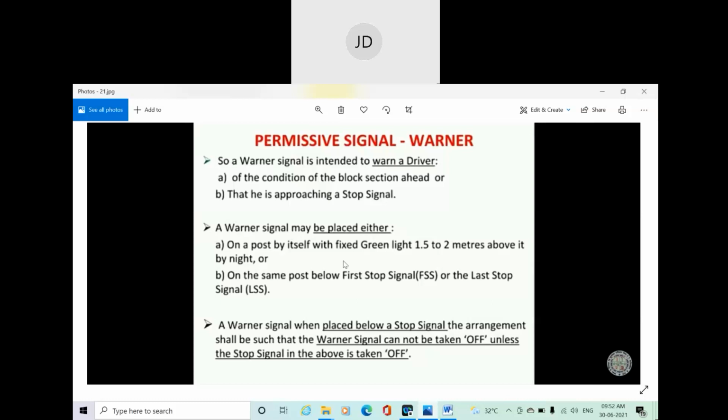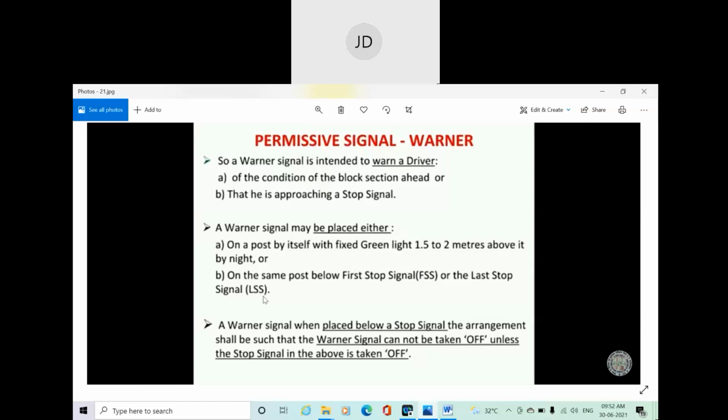And second, a warner signal can also be placed on the same post below the first stop signal or the last stop signal. That means nearby the station or the block section, from both directions there will be a stop signal. Suppose he is approaching the railway station or block section, he will encounter the first stop signal. From the opposite side also there will be a stop signal, or maybe on the same line there will be a number of stop signals.